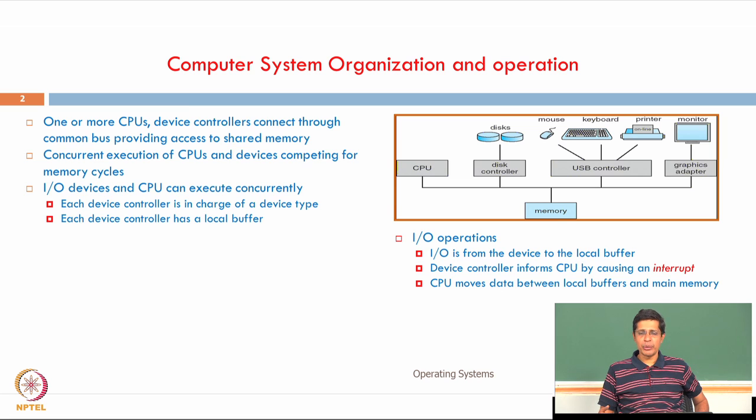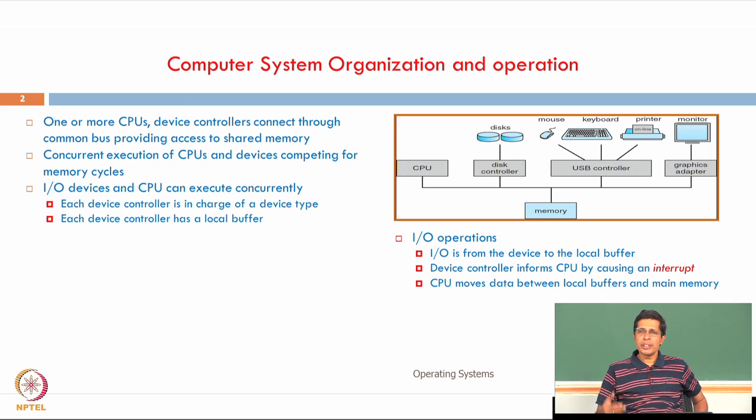The data from an IO device can be moved back and forth from the system. For example, if the CPU wants to directly read from IO device, each of these controllers could have a local storage. So, the IO device can basically write into this local storage and then give an interrupt. An interrupt is nothing but a signal to the CPU that I have some data available to you, why do not you take and use it.